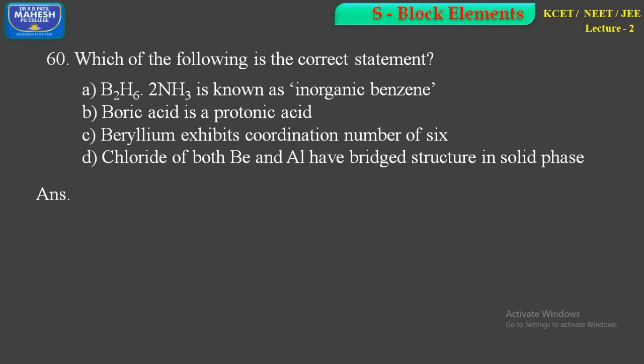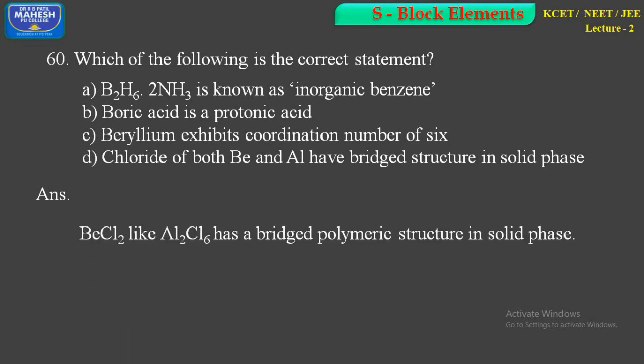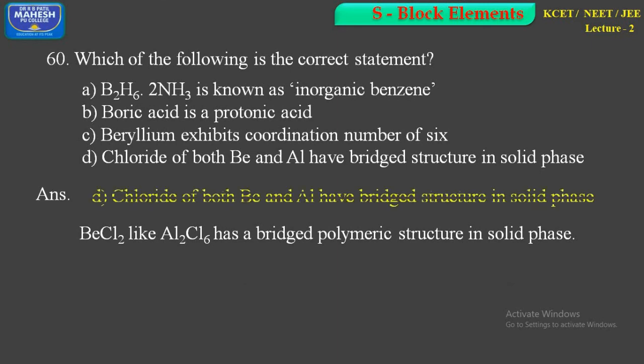Students, beryllium chloride, like dialuminium hexachloride, has a bridged polymeric structure in the solid phase. Thus, option D is the right answer, that is, chlorides of both beryllium and aluminium have bridged structures in their solid phase.